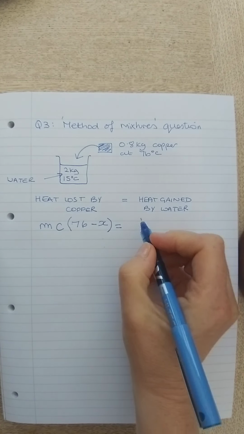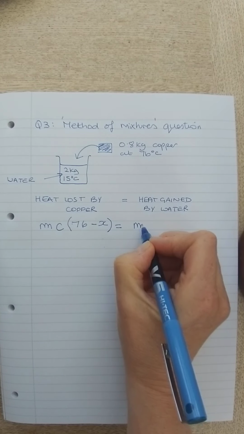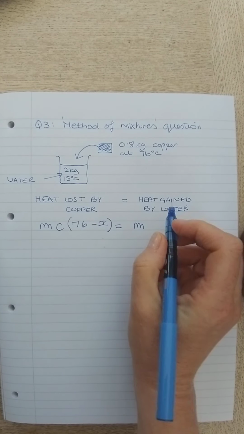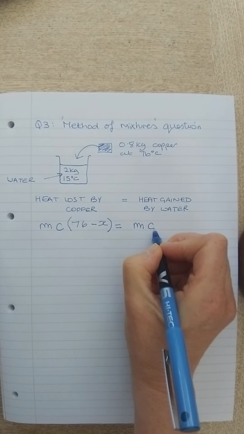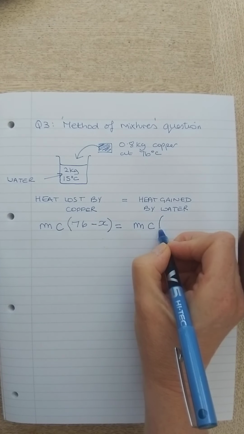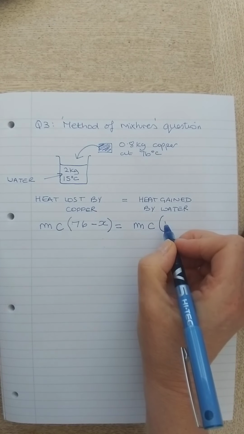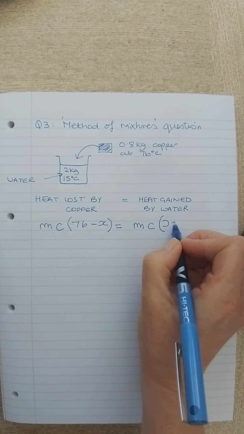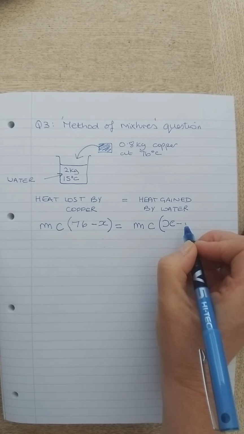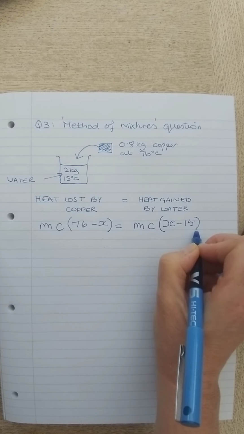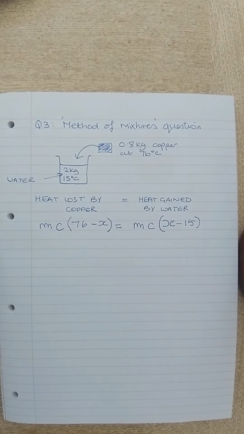Now the heat gained by the water is going to be the mass of the water times the specific heat capacity of water times the change in temperature. And in this case, it's going to be warming up. So it's going to be the final temperature, X minus 15, which is what it was to start off with. Okay. So now what we have to do is just substitute some numbers in and multiply out the brackets.